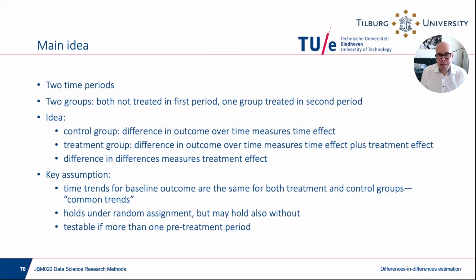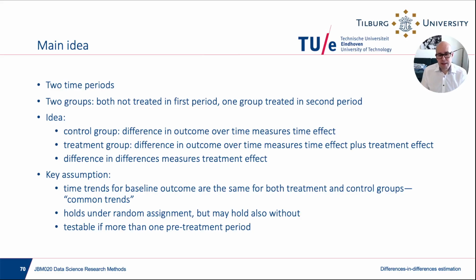So under random assignment, we have the exact same things happening as we did for standard experiments, namely that under a random assignment, the Y0 will not be related to treatment assignment. So therefore, actually under random assignment, common trends will hold anyway.